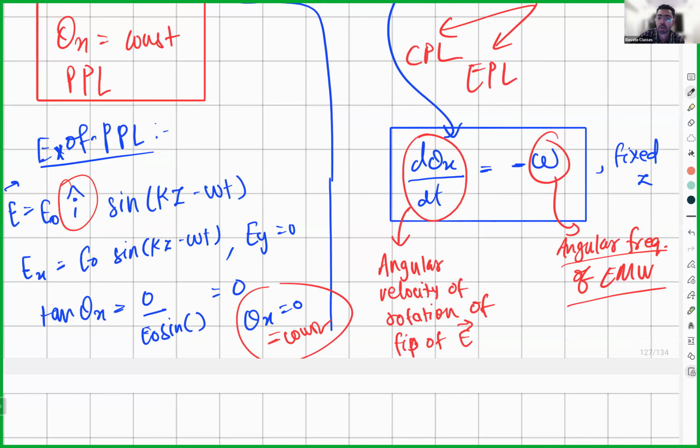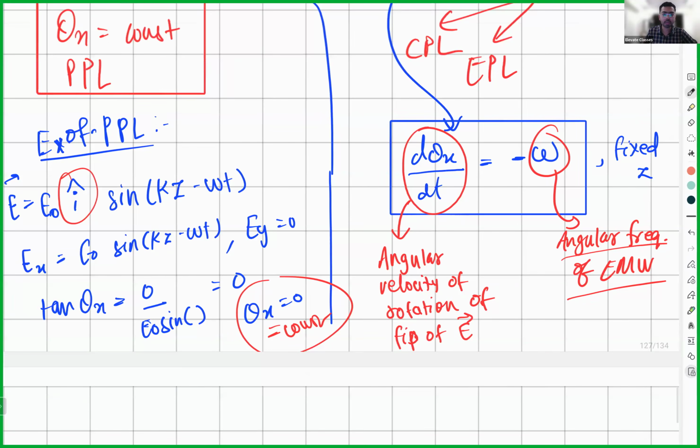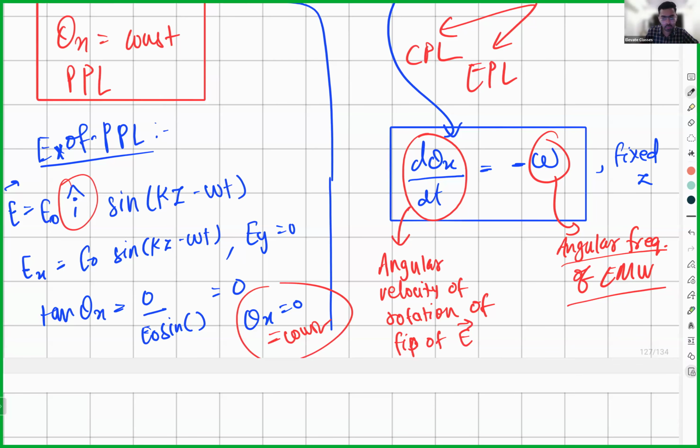If the angular velocity were to have a plus omega, then the direction of rotation would be decided by the curling fingers when your thumb is pointed along the direction of propagation. Even if you don't understand this particular rotation sense, we'll derive one more method which will let you know whether you have clockwise or anti-clockwise rotation.